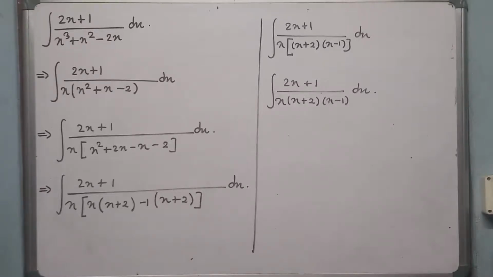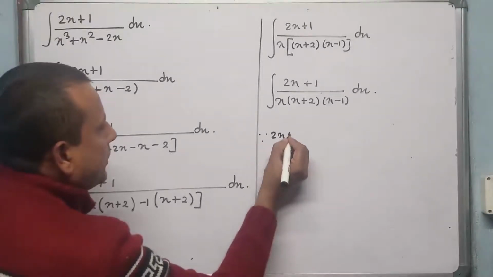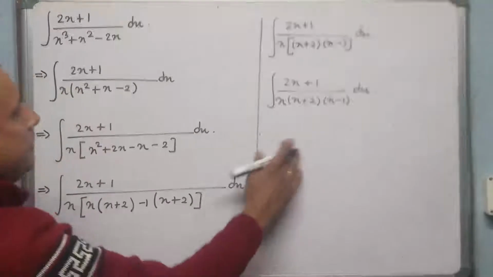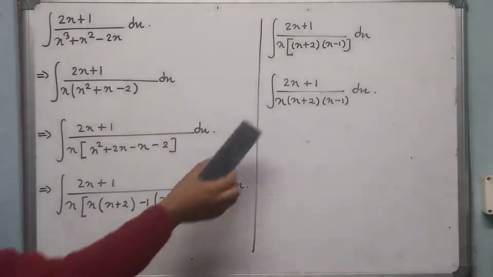Now the constants will be A, B and C. Now I'll continue this integral over here.